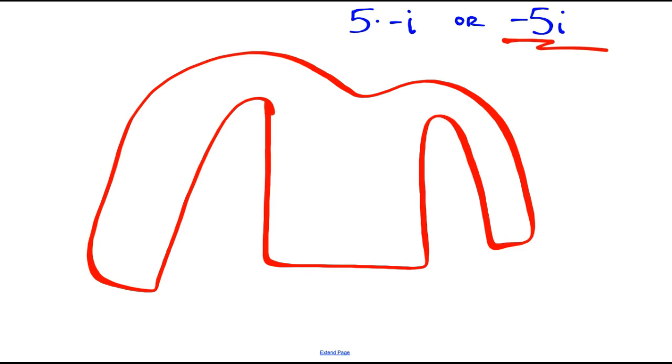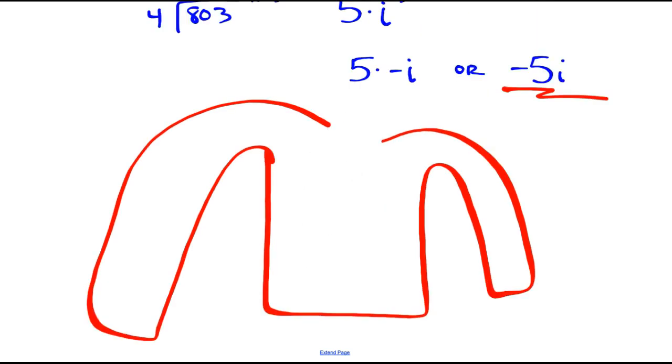Oh yeah, i to the 4th as their number. That's just 1, right? That'd be neat. You could also put on there i to the 20th. That's the same as 1, because it's i to the 4th to the 5th, right? That'd be neat. It's new goalie jersey, imaginary number night.